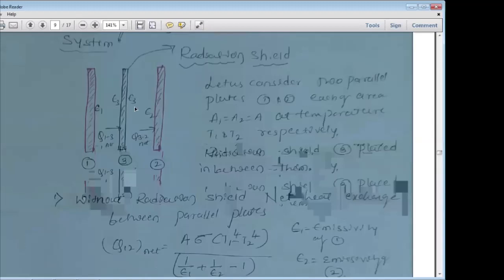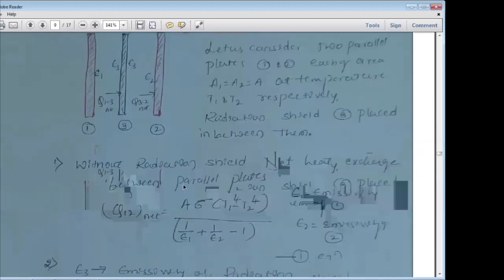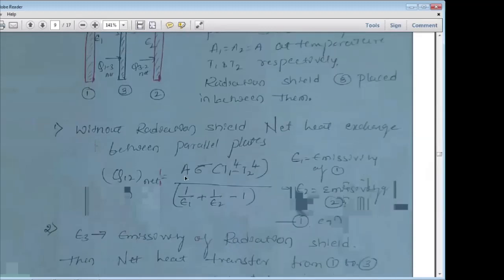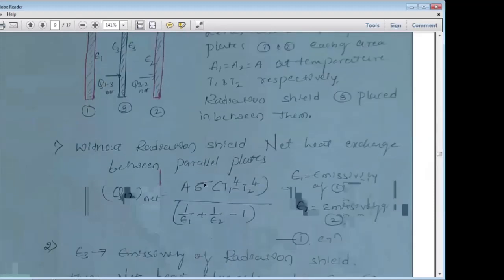If there are only two plates 1 and 2, without a radiation shield, the net heat exchange between the parallel plates, Q12 net, is equal to A into sigma. What is sigma?